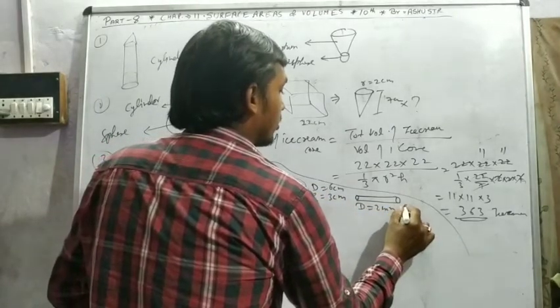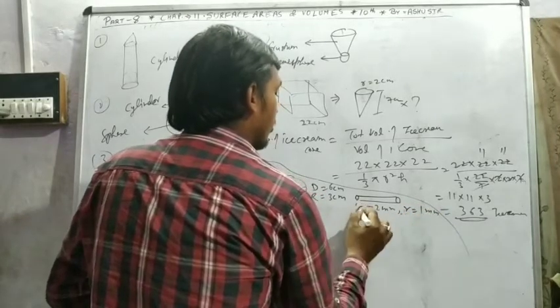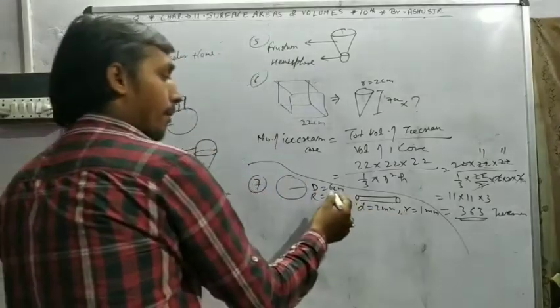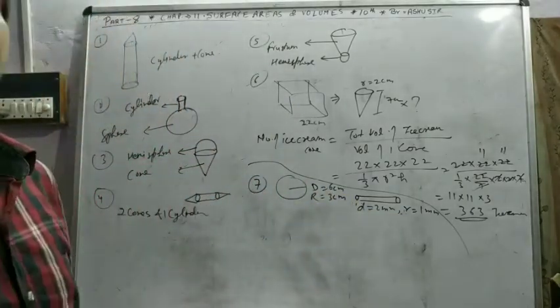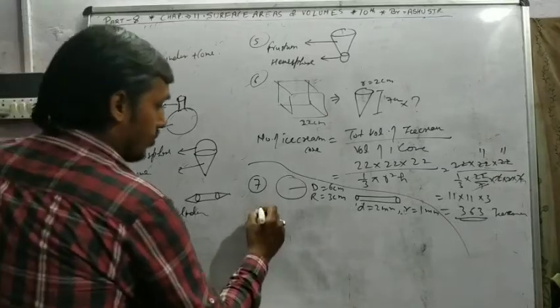So the radius is 1 mm. You can convert into centimeter by dividing by 10. So what length of wire is formed?